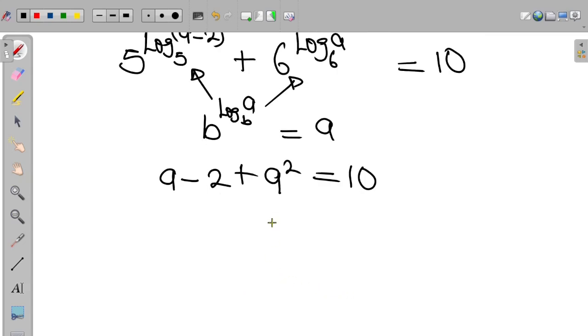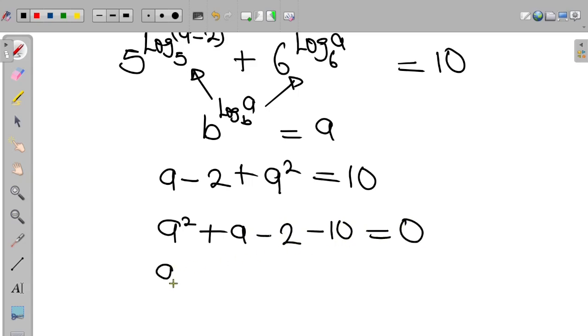At this point, we can rearrange the equation and it becomes a squared plus a minus 2 minus 10 equal to 0. Thus, this becomes a squared plus a minus 12 equal to 0.